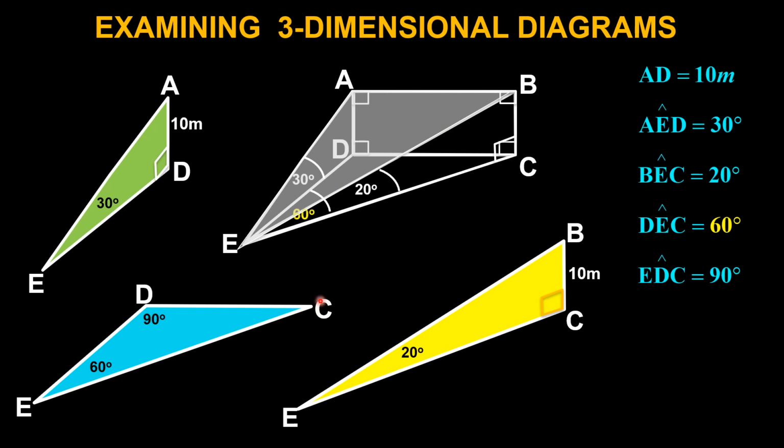Now normally in CAPS they would not give you a problem where there are 4 triangles that you have to work with, right? At most there'll be 3 triangles to work with. And this is what you need to do. If triangles are overlapping or so it's difficult to see the measurements, then you rather isolate them, right? Because so easily you can make a mistake.